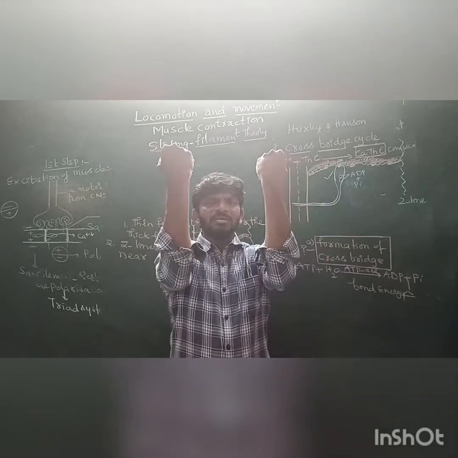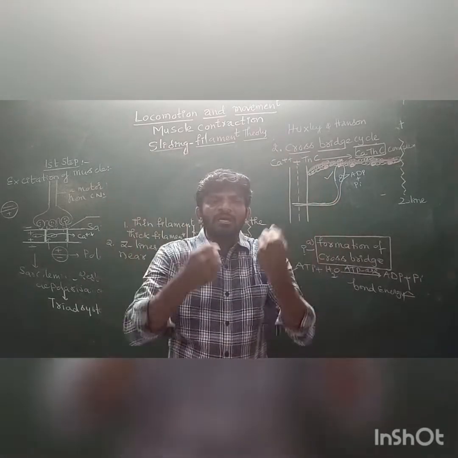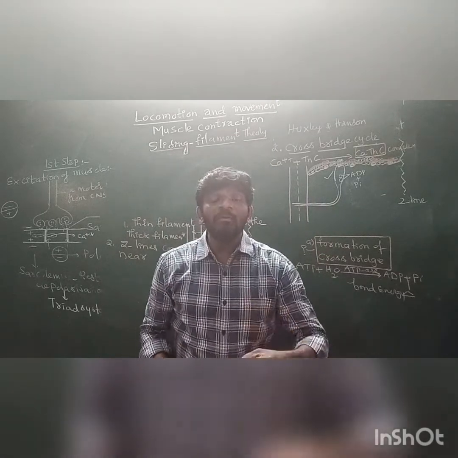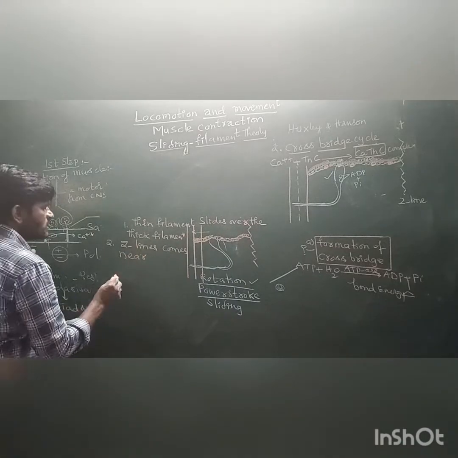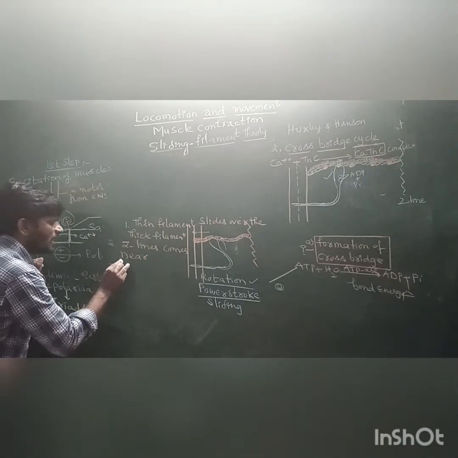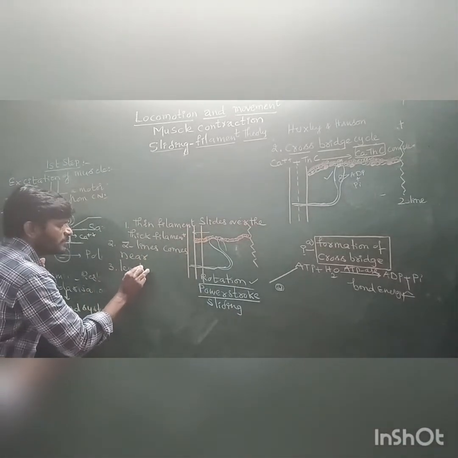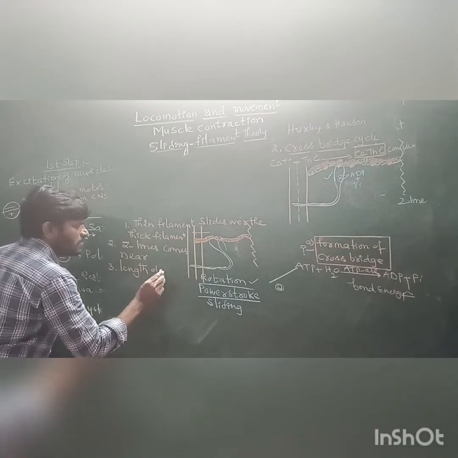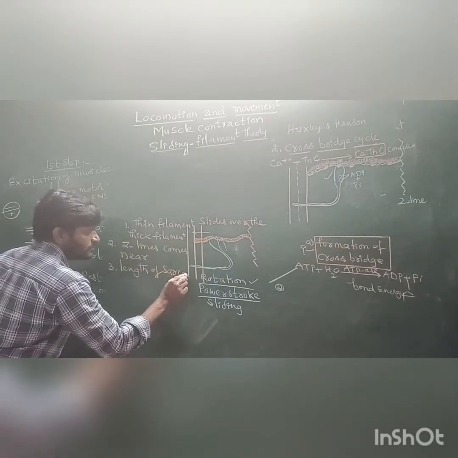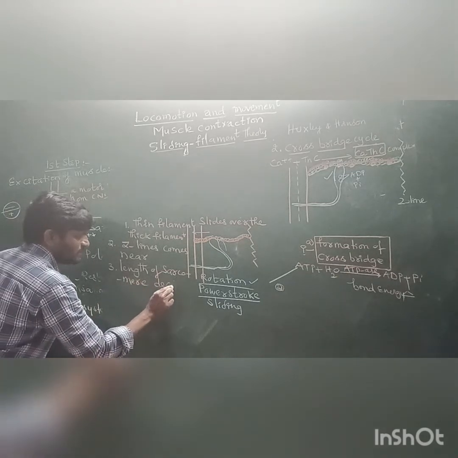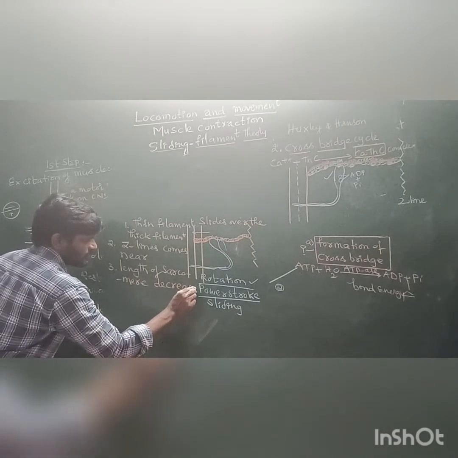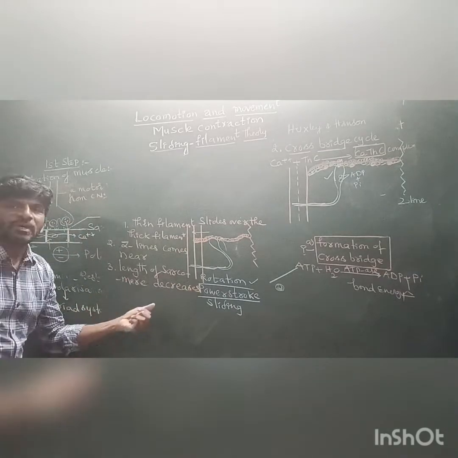During muscle contraction, the length of the A band remains as it is. And one more, the length of the thin filament as well as the thick filament is also retained as it is.